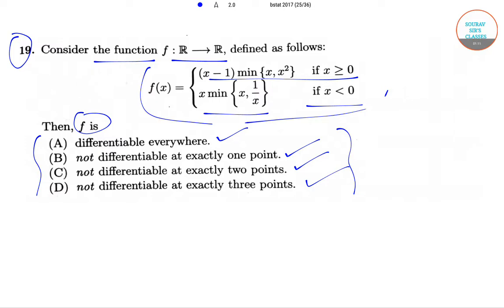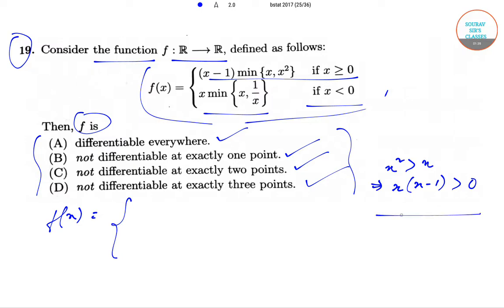Let's find it out. Now f of x is given by this form. For the minimum of x and x square, first we need to check the range where x and x square are greater or less than each other. Now if x square is greater than x, this means that x into x minus 1 is greater than 0.